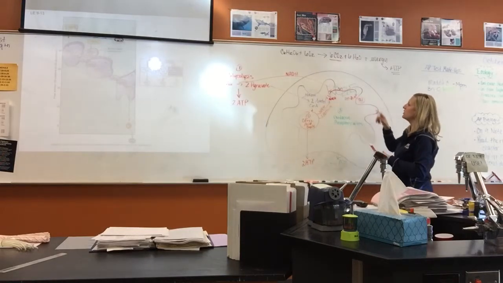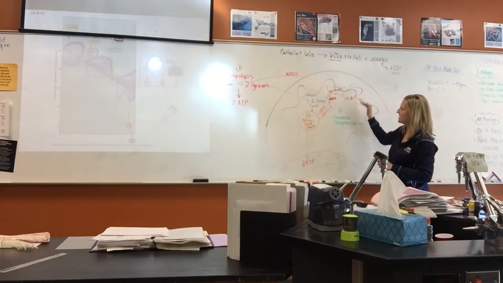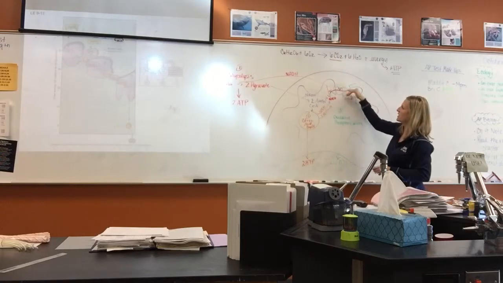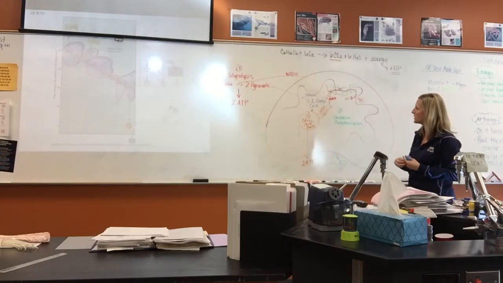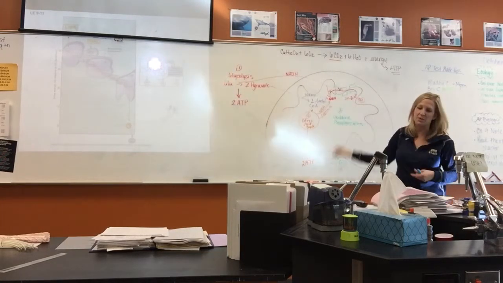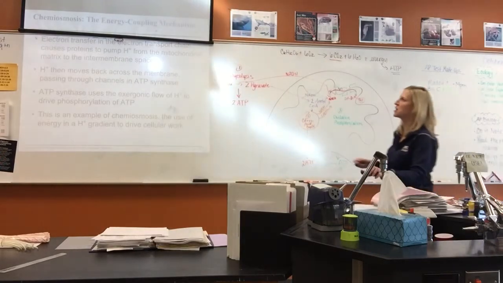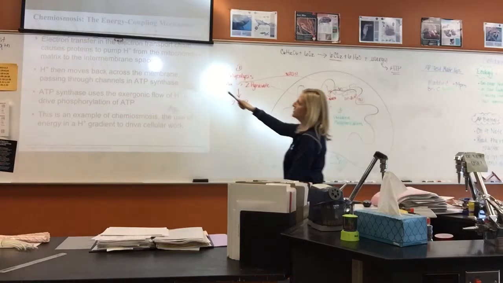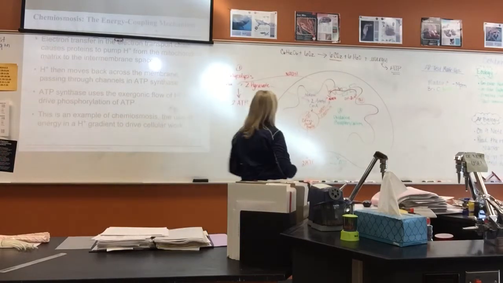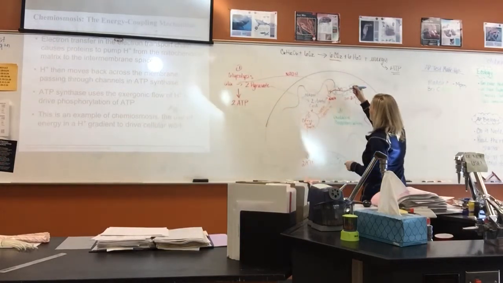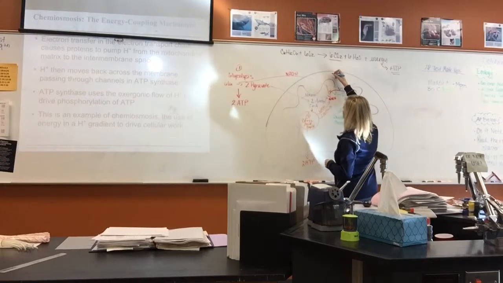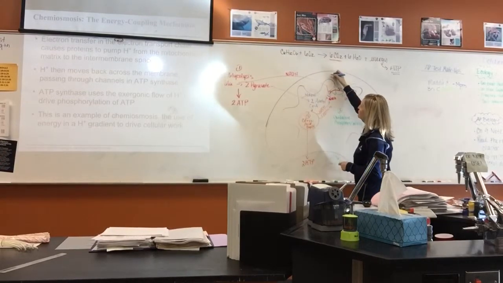So why in the world do we need these electrons to move through the electron transport chain? What is it doing? Remember, we're trying to make ATP. The electrons moving through the electron transport chain cause the proteins to pump H pluses from the mitochondria. Remember that pump means that it uses energy.